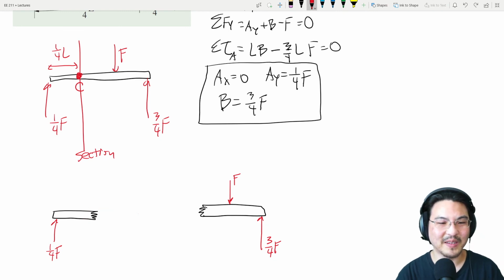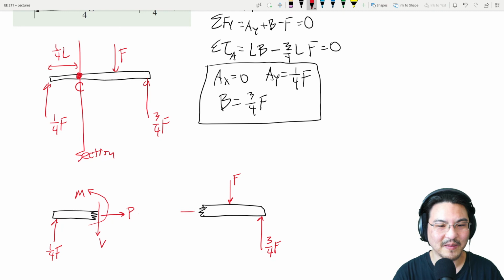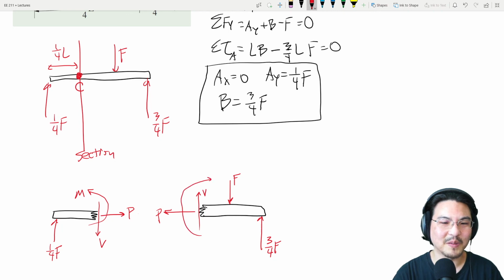And what's the standard again? This way is axial force, this way is the shear, this way is the bending moment. Right, and then over here, this way is the axial force, this way is shear, this way is bending moment.